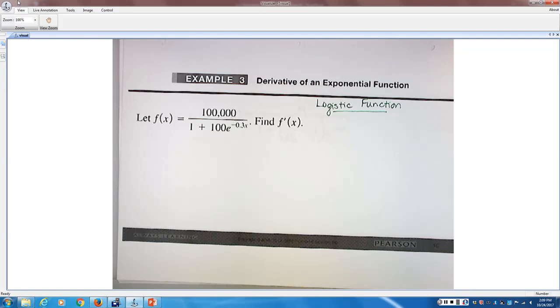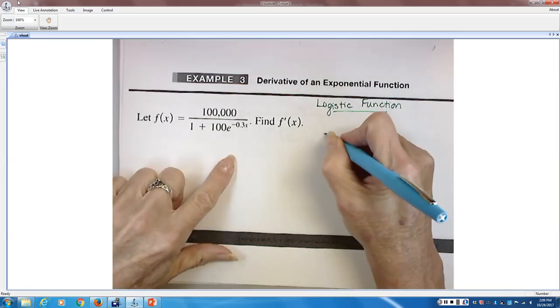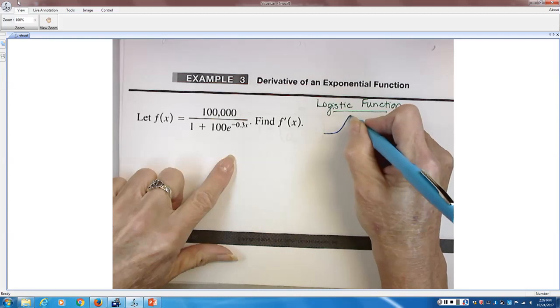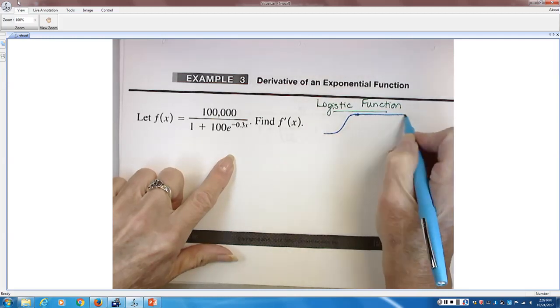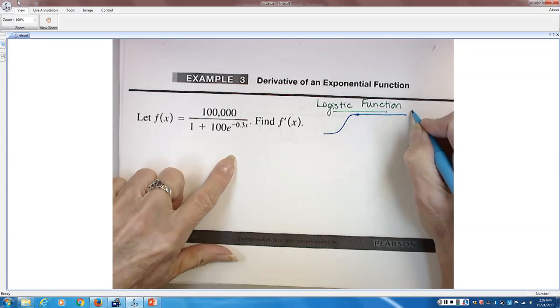So what the logistic function always looks like is it starts out low, it grows really fast, then its growth slows down, and it flattens out. The place where it flattens out is what's called the carrying capacity.